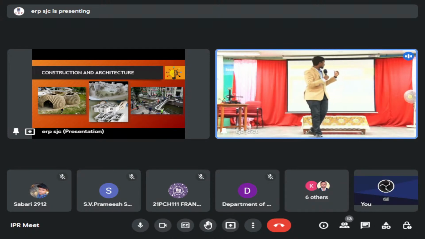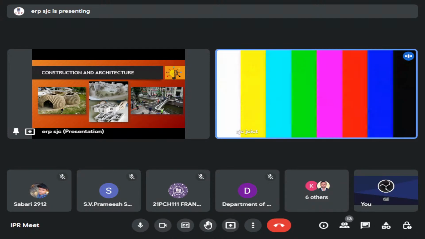Even though the cost of the technology, like the machineries, அதிகமாக இருக்காங்க. Okay. So we can make use of 3D printers to construct this kind of buildings.